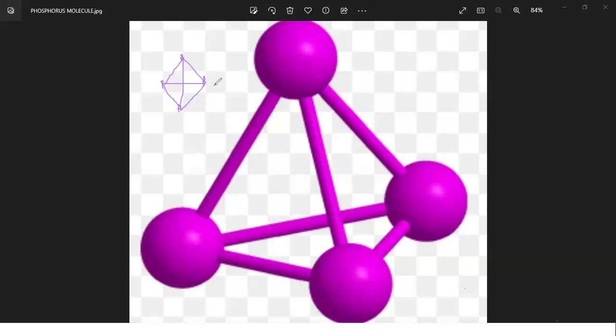Okay. So this is the structure of a phosphorus molecule, one molecule of phosphorus. In 2 dimensions like this, and 3 dimensions like this. The 3 dimensions you don't need, just need to know. I'm just showing you. You just need the 2 dimensions. This is how we draw it, but it is derived from this.